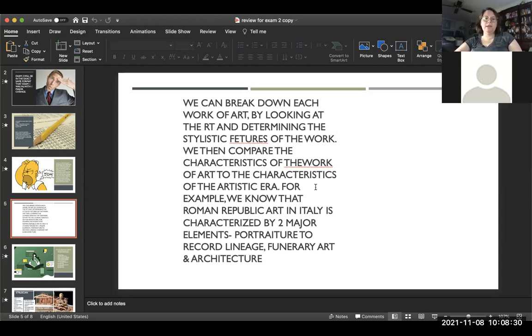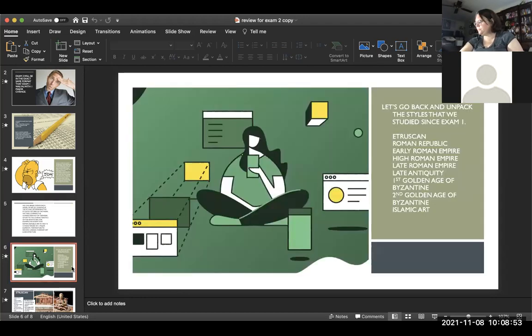So we can break down each work of art by looking at the stylistic features of that work of art. Then we compare the stylistic features of the work of art to work of art of that era. So let's take a look at the eras that we've looked at so that we can see what I mean by breaking down the stylistic features.